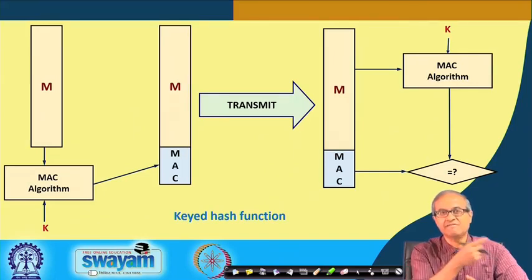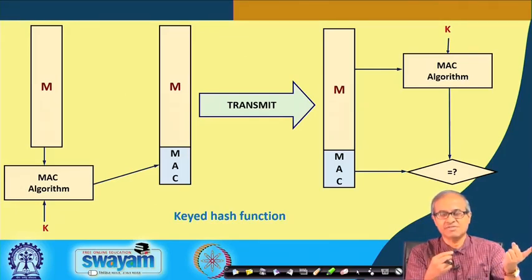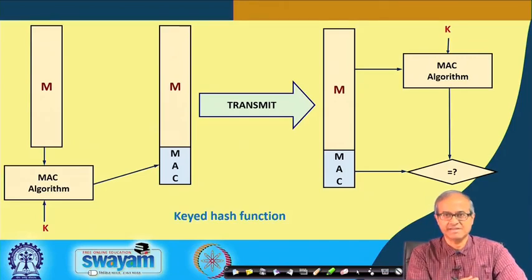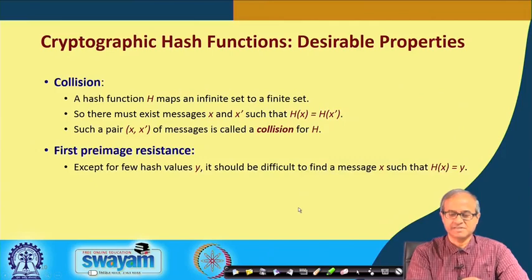You can identify the sender also, because if you are using the same key as the sender, that means the same secret key is also with that sender, it must be that sender sending it. So, this is keyed hash function.